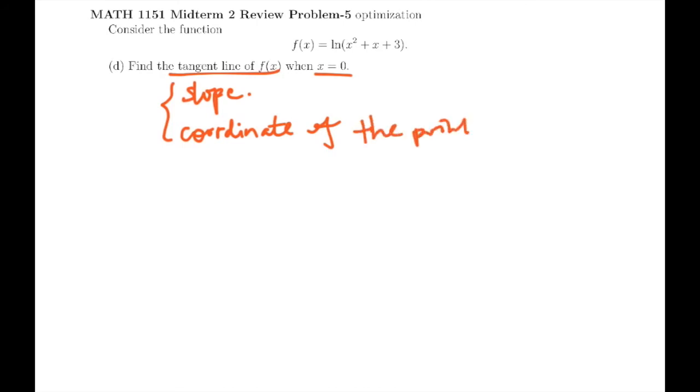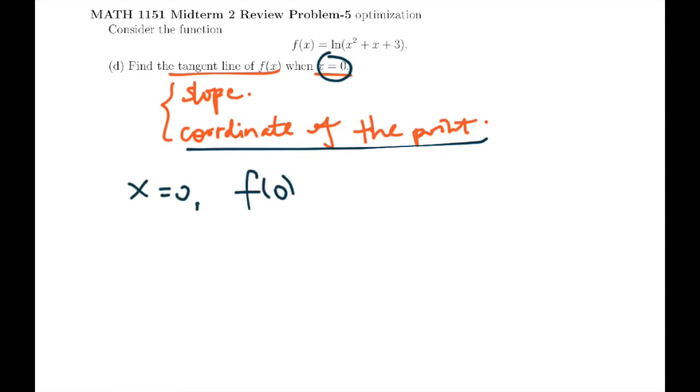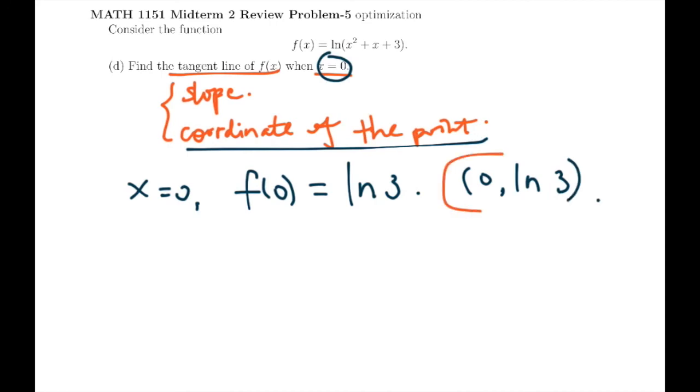I will say the second part is easier to start with because we already know x is equal to 0. We just need to find the corresponding function value, that is f of 0. If we plug in, we know it is log 3. So we have a point that is (0, natural log of 3). So this is our coordinate of the point.